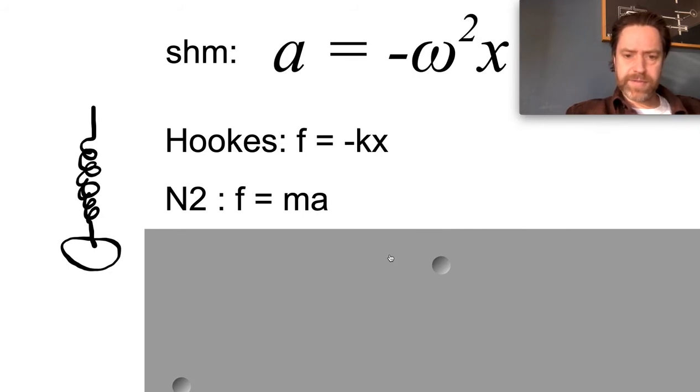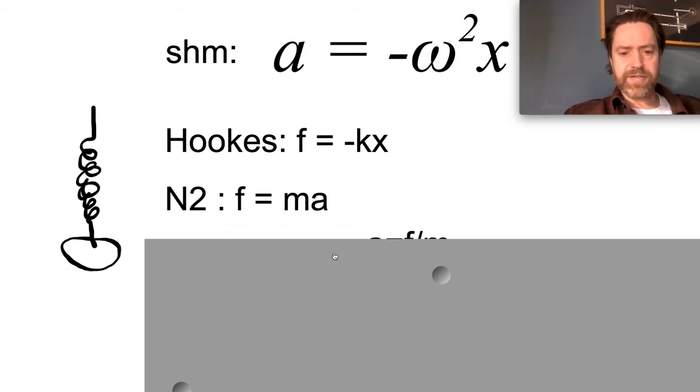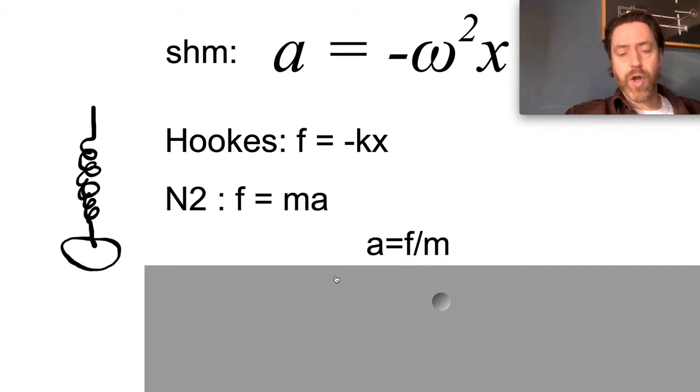Now, I'm going to rearrange Newton's second law to tell me what the acceleration is equal to. The reason I'm going to do that is I'm going to think, oh, okay, this is telling me about how acceleration is equal to something. So Newton's second law, what's acceleration equal to? Obviously, a equals F over m.